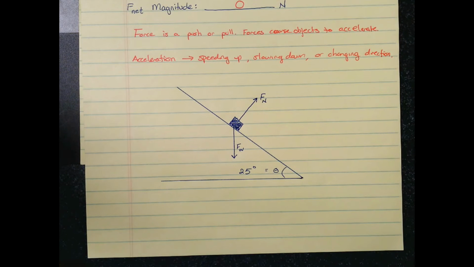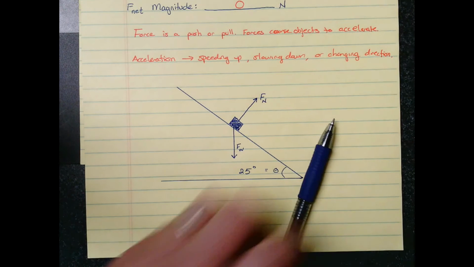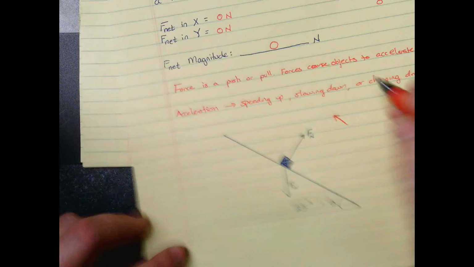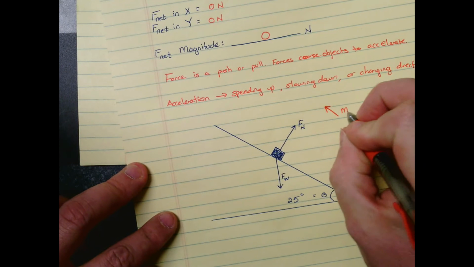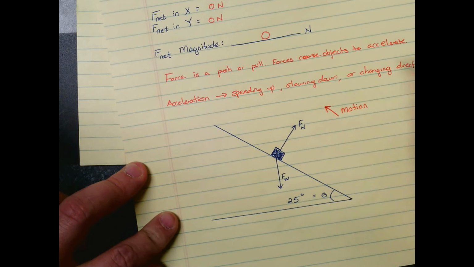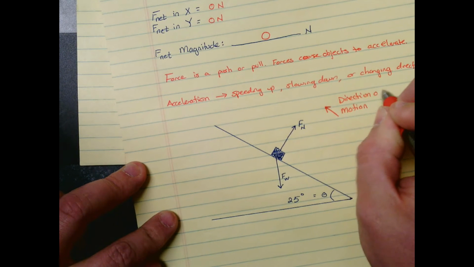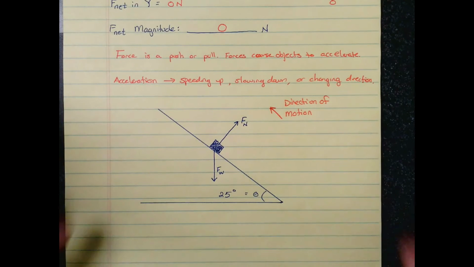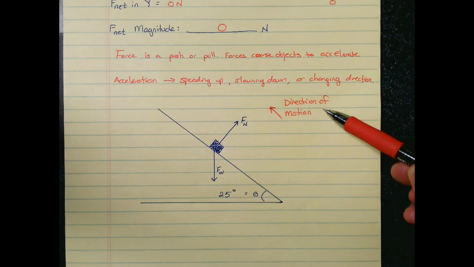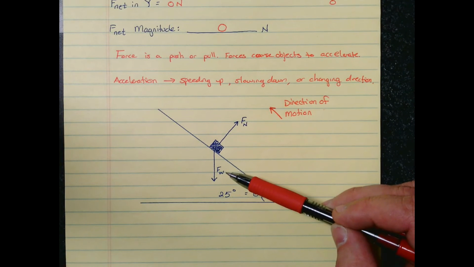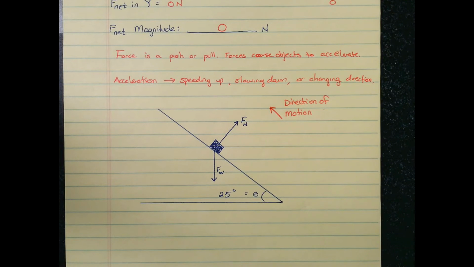We've been told that the motion of the box is in the upward direction, so I'm going to put an arrow here and call it direction of motion, like so.